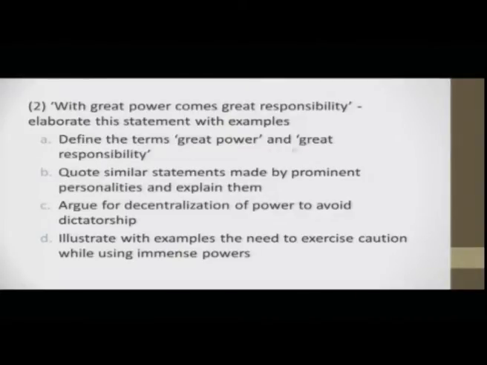Define the terms great power and great responsibility. Quote similar statements made by prominent personalities and explain them. Argue for decentralization of power to avoid dictatorship. Illustrate with examples the need to exercise caution while using immense powers.